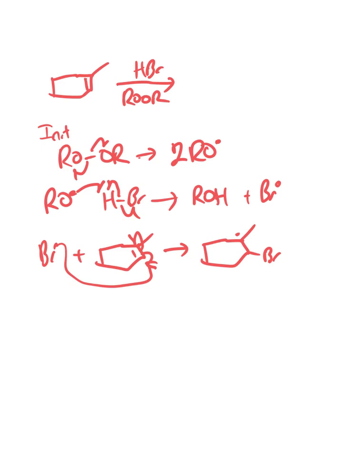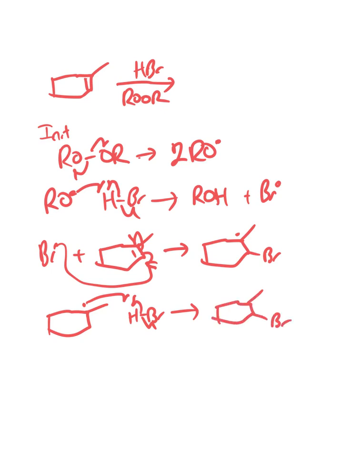The most stable one is the most substituted one, and then that radical is going to go grab a hydrogen off of HBr, abstract a hydrogen to reform the bromine radical, and give us our final product for the reaction. Then we do a termination, where any two free radicals, but the easy one is the two bromines coming back together to form Br2. This is the termination step.